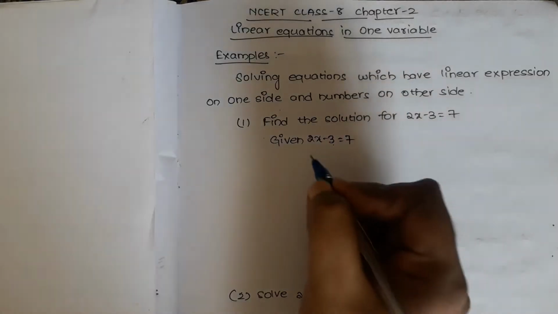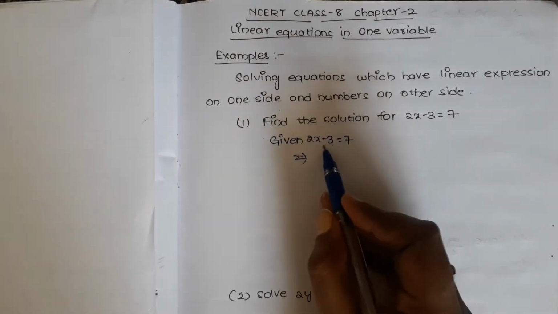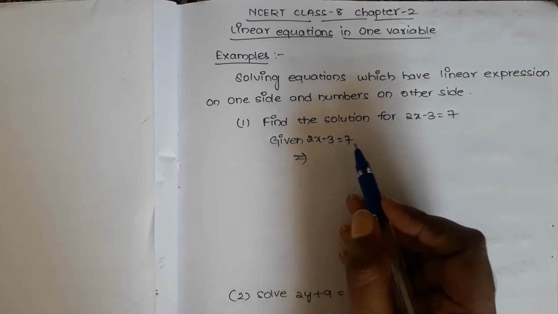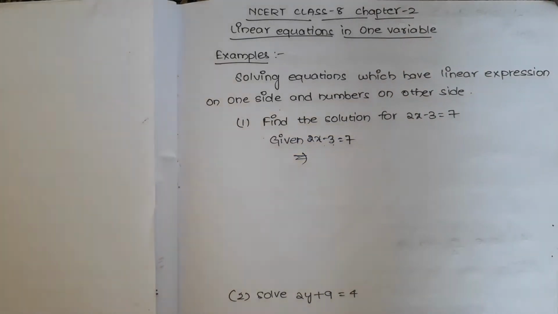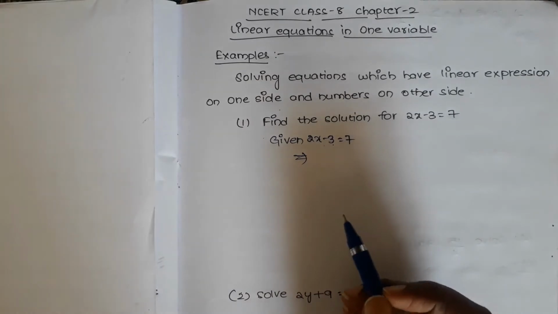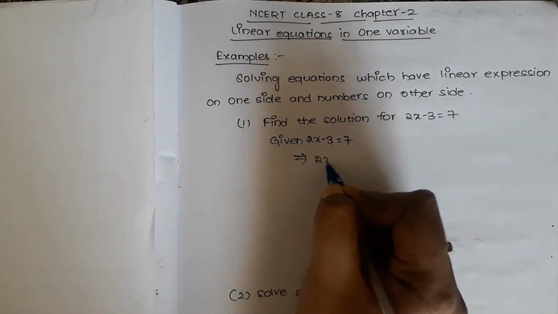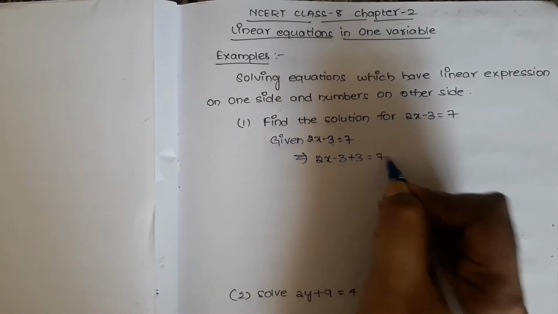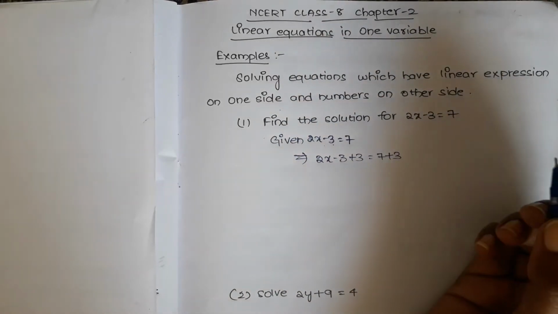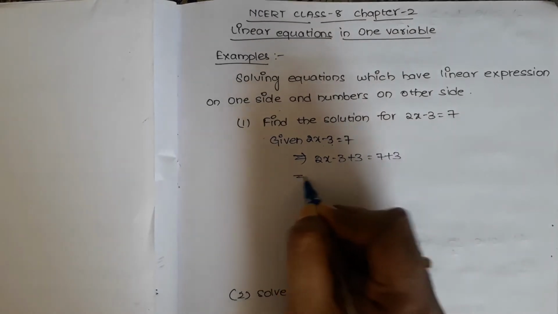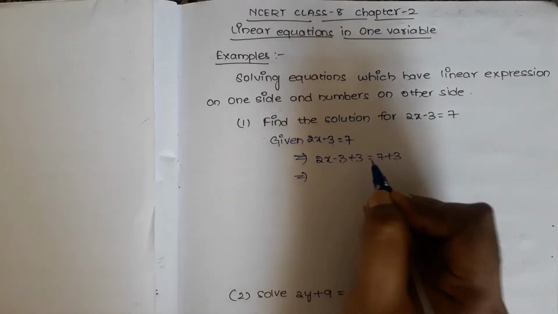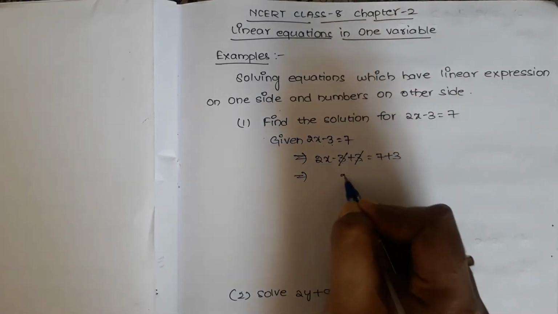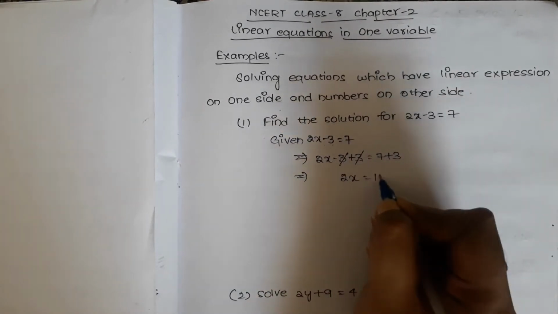According to that, in both LHS and RHS we have to add 3 on both sides, that is 2x minus 3 plus 3 equals 7 plus 3. Here minus 3 and plus 3 get cancelled and 2x equals 10.